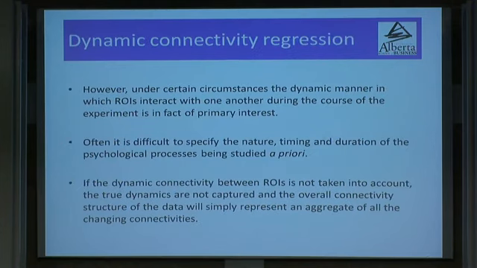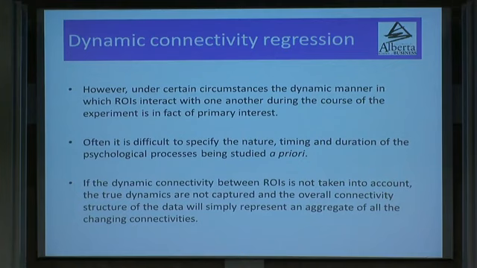Okay? So therefore, we introduce this technique, which we call dynamic connectivity regression. So it was motivated by the fact that under certain circumstances, the dynamic manner in which ROIs, or these regions of the brain, interact or communicate over the course of the experiment is in fact of primary interest. Okay?